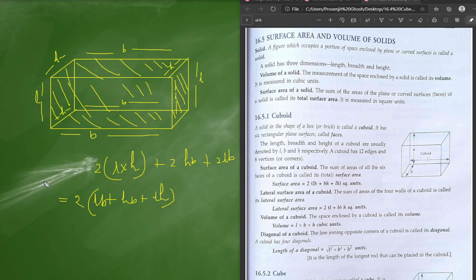Okay, now what is lateral surface area? Lateral surface area means you need to find the height and the base first. Which one is your height this time? Let me change a little bit. Wait a minute.